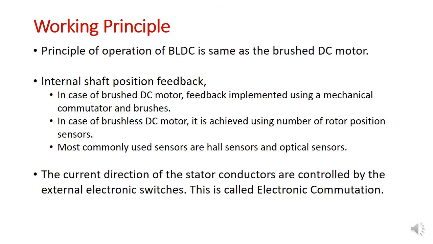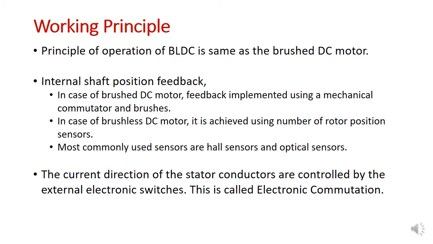It gives the feedback to the control circuit, so it will take care of the energization of the particular phase winding in the armature. So the current direction in the stator conductors is controlled by the external electronic switches. This type of thing is called electronic commutation.